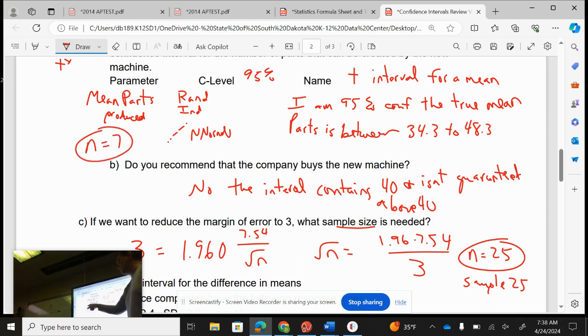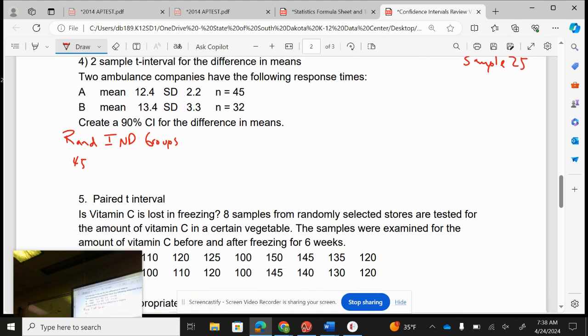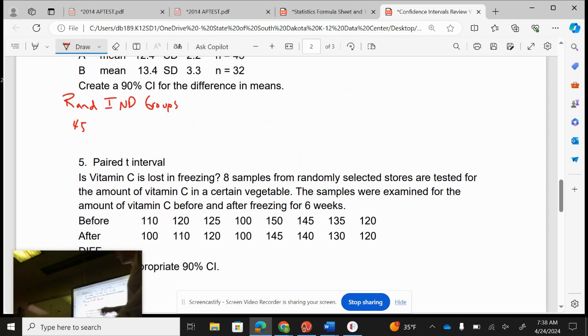It wasn't big enough to be normal. If you have a sample of 25 or more, now some books say 30. Be prepared for that because one of the review tests that I saw used 30. But 25 is about as small. We just go with the small value of 25. Don't go below 25 to justify normality.